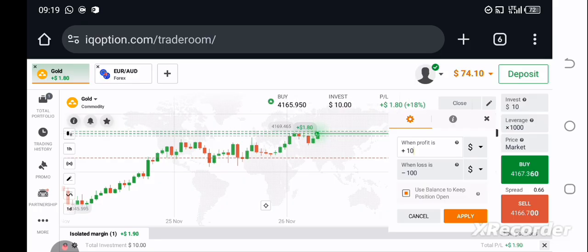Okay, so you can put your investment amount for a pair like gold. If you have a very good entry, maybe you are trading fundamental, you can put your profit target to be 1000%. So 10 times 1000%, that will give you $100.